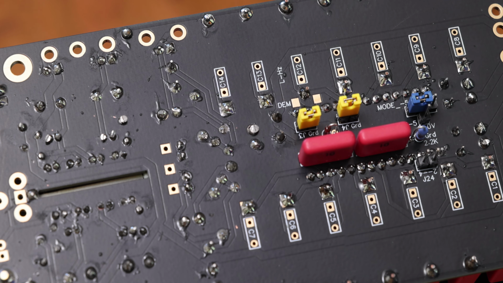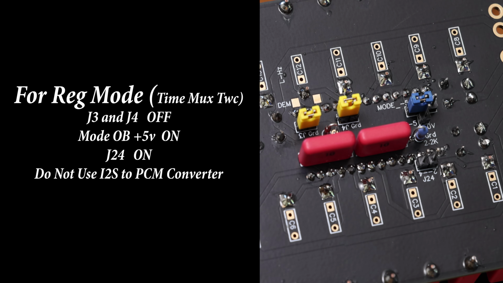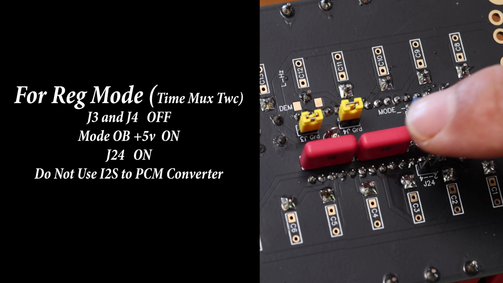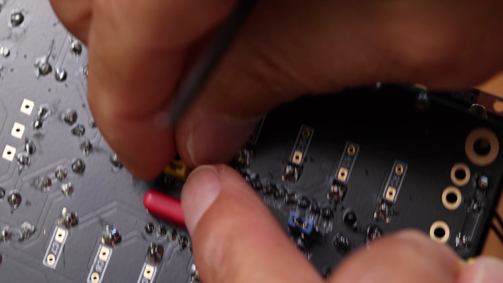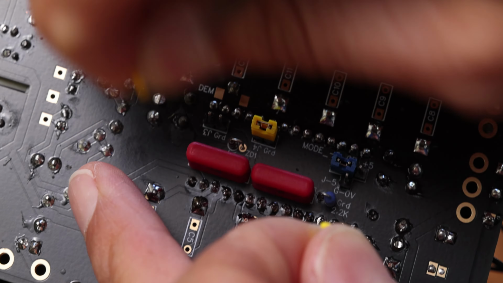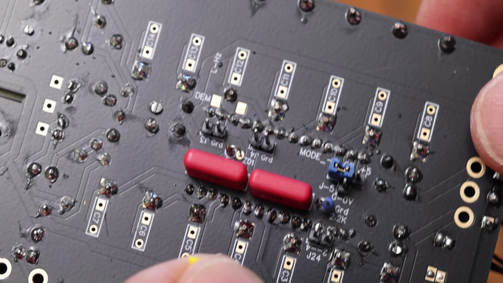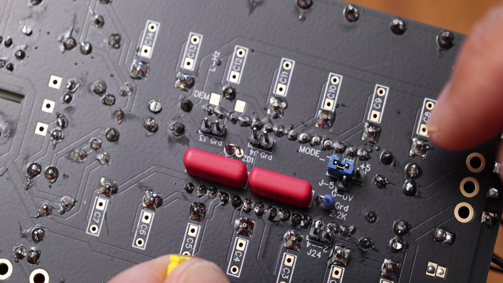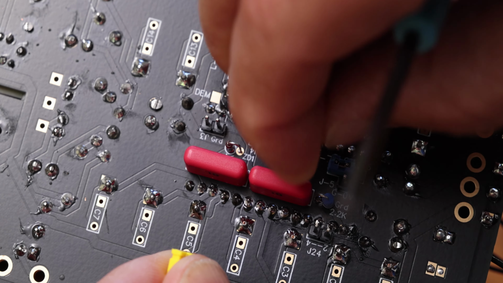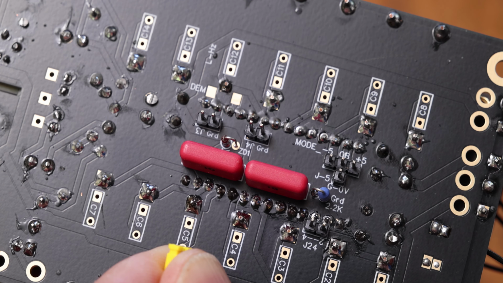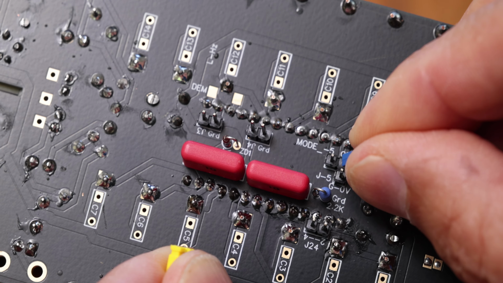Now, if you want to run it traditionally, the way it was invented, the way it's running on most CD players and stuff like that, when none of these were around, we pull this jumper out, and then this one here, instead of going from OB to -5 volt, we're going to put it to +5 volt.